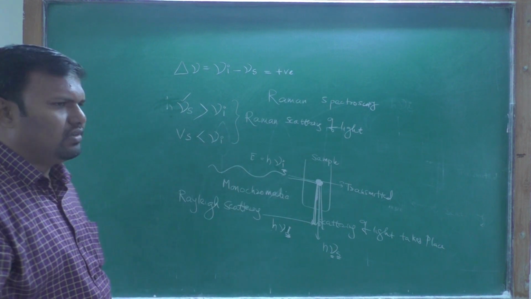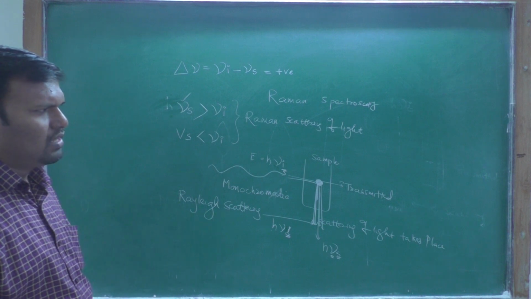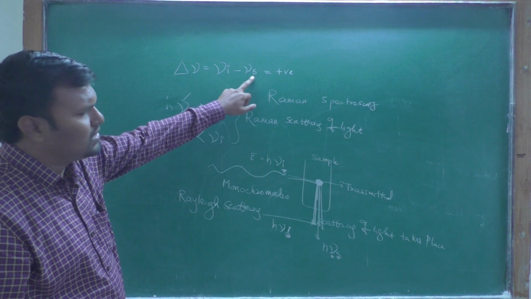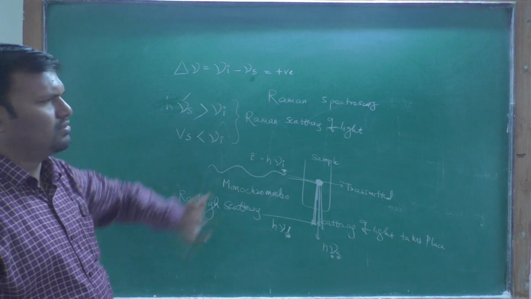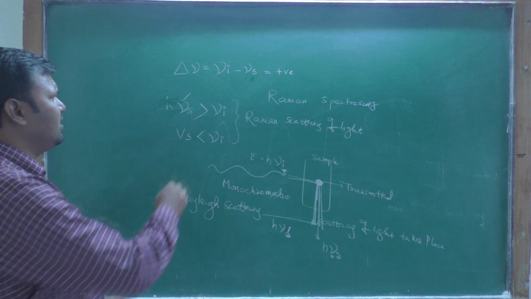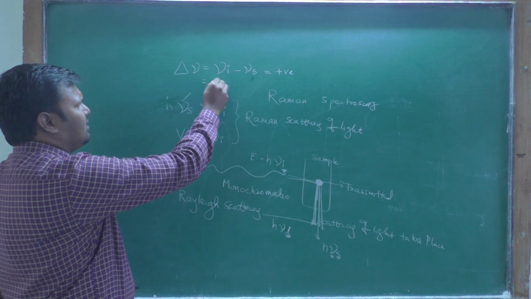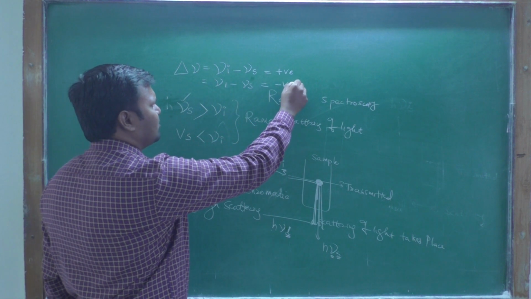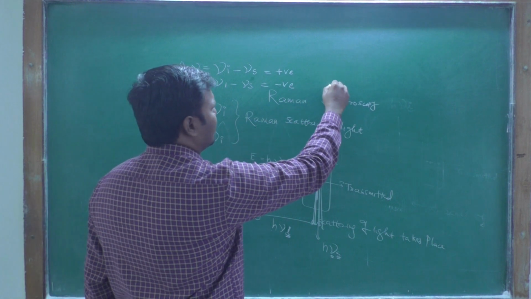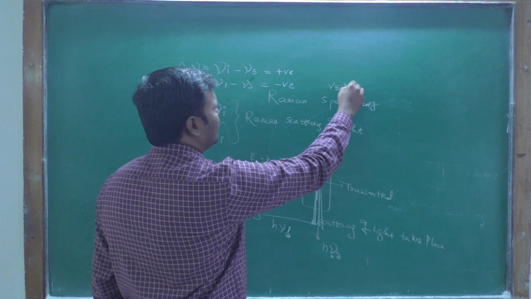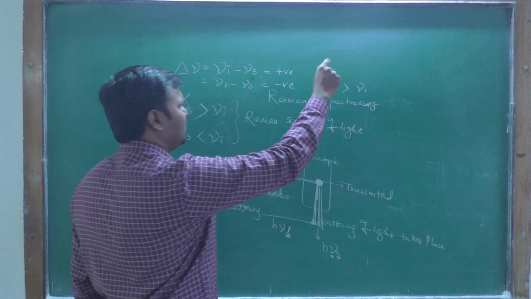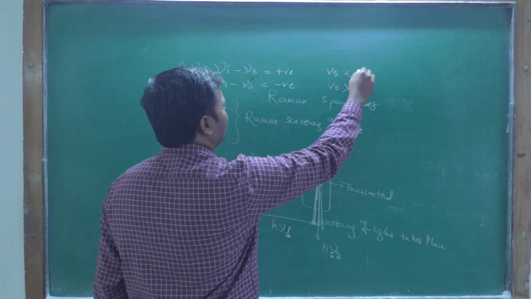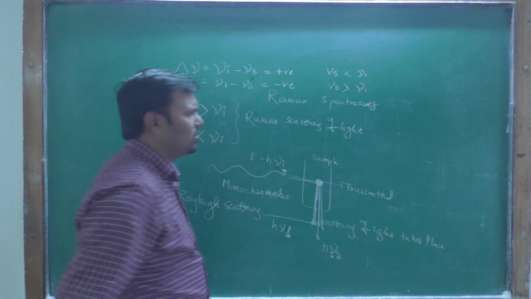If this value is positive, it means the scattering frequency is less. And if the shift is negative, it means the scattering frequency is higher than the incident frequency.